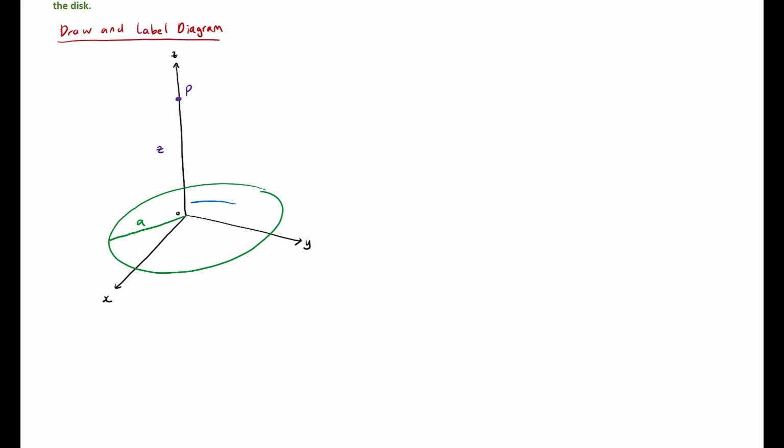So I might have a flat ring here, and this flat ring is going to have some charge around it. So it's going to have a radius of r, and there's going to be a change dr. So it's going to be the thickness of that ring.